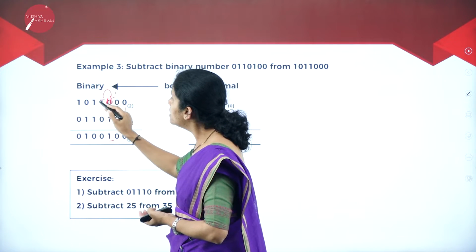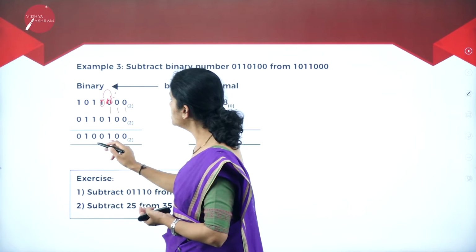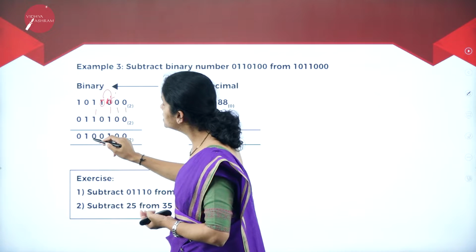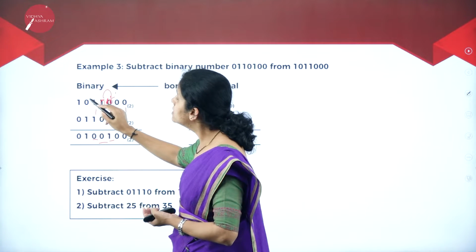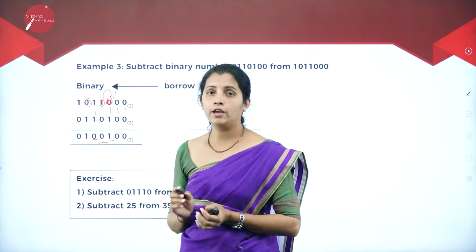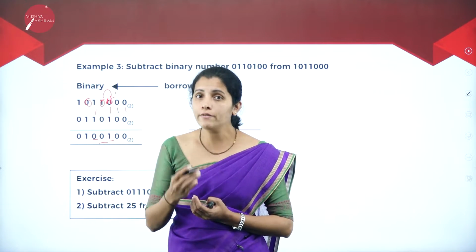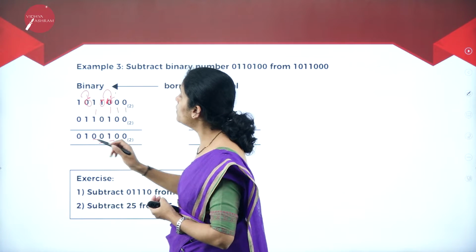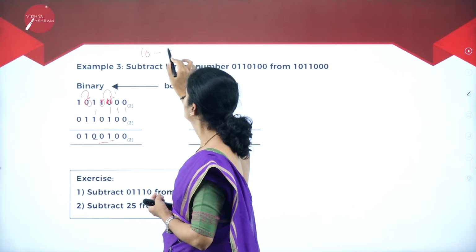Now here I'm having 0, that is 0 minus 0, it is 0. Now 1 minus 1, it is 0. Now if I consider this one 0 minus 1, I cannot perform subtraction. So what I will do? I'm going to get the borrow. So now it is 1 0. So what is 1 0? That is nothing but 2.